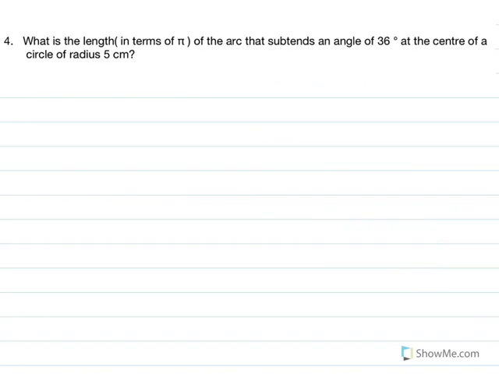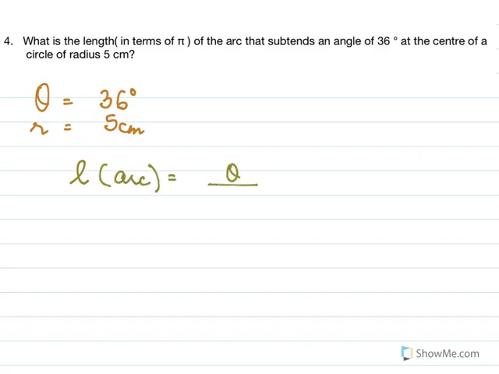What is the length in the terms of pi of an arc that subtends 36 degrees? So theta equal to 36 degrees at the center of the circle and radius 5 centimeters. So radius r is 5 centimeter. We need to know length of the arc. So the formula for length of the arc is theta over 360 2 pi r.